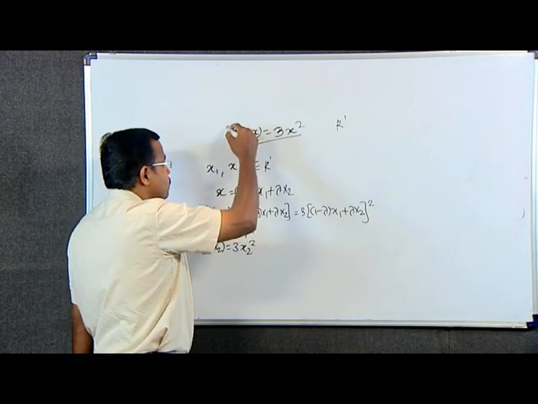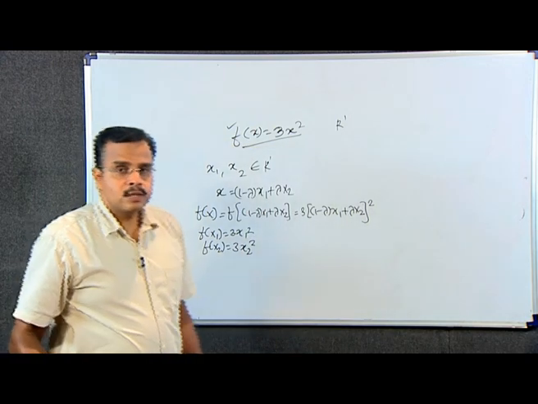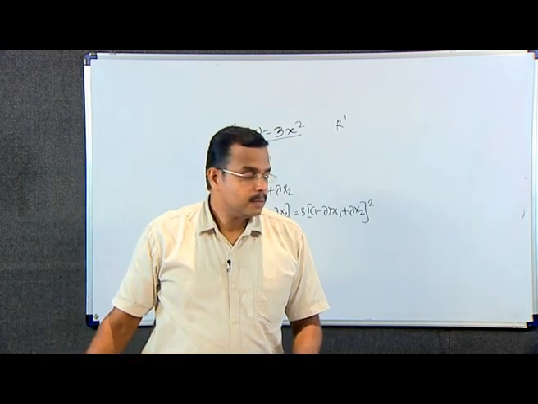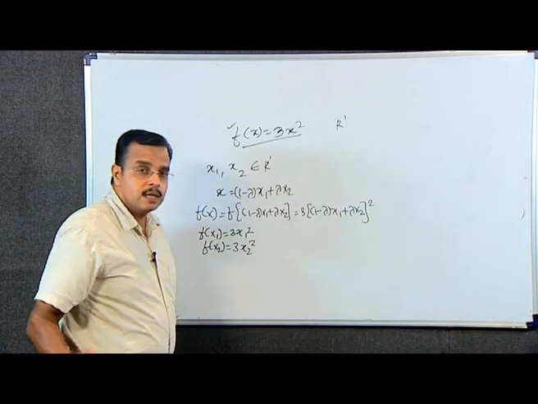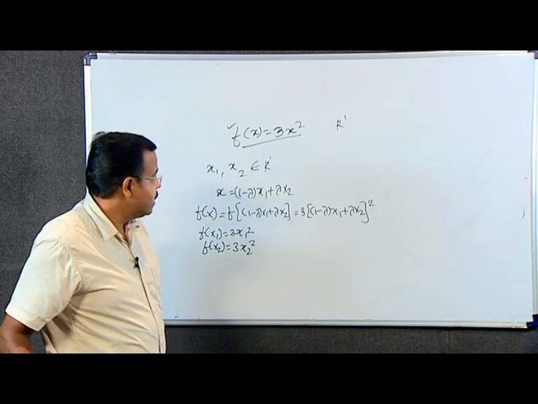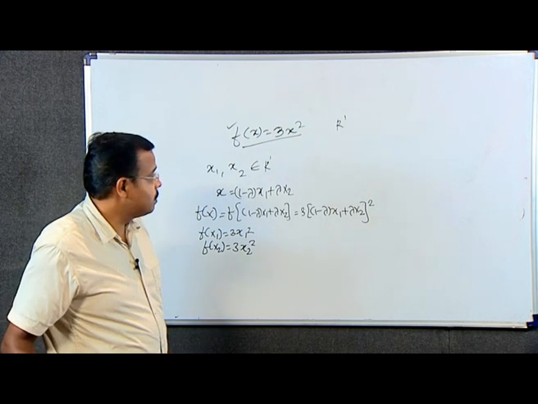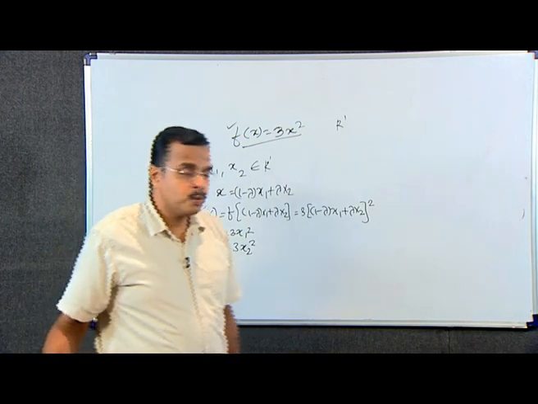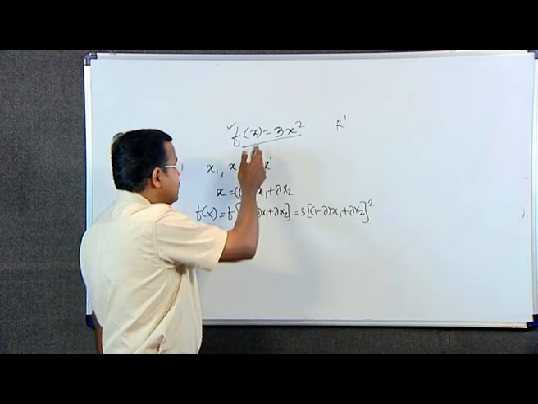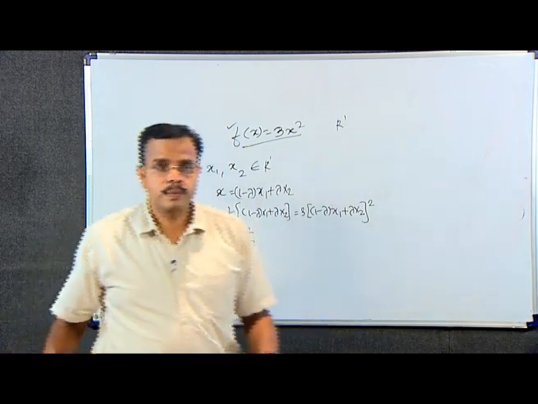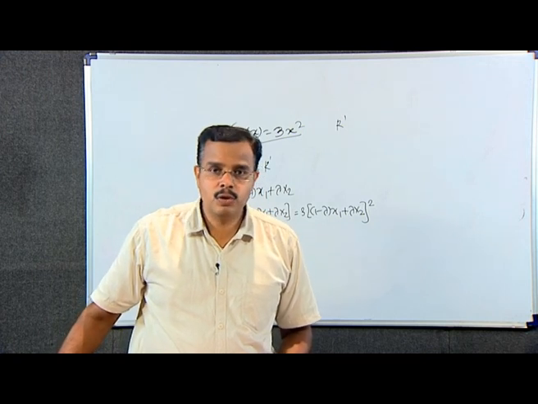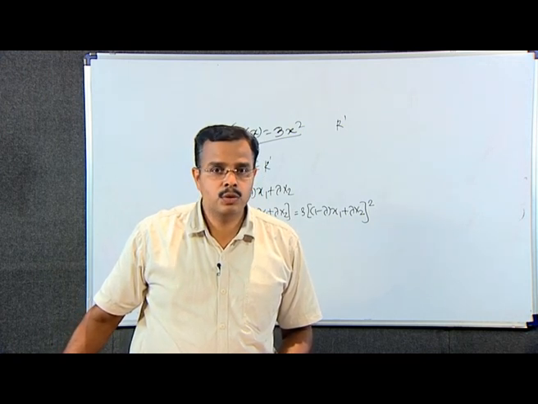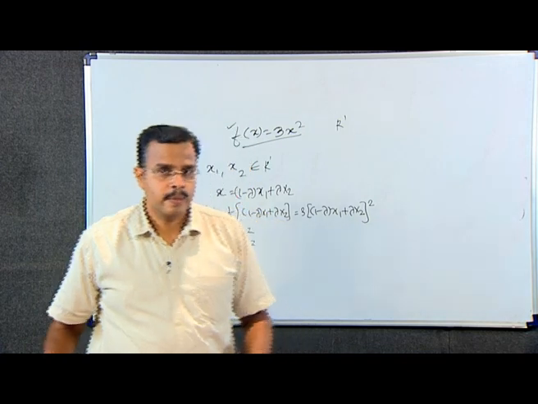Our problem is to prove that f of x equal to 3x square is a convex function. So, to prove this function f of x is a convex function, by the above definition, we want to prove f of x is less than or equal to (1 minus lambda) times f of x1 plus lambda times f of x2.